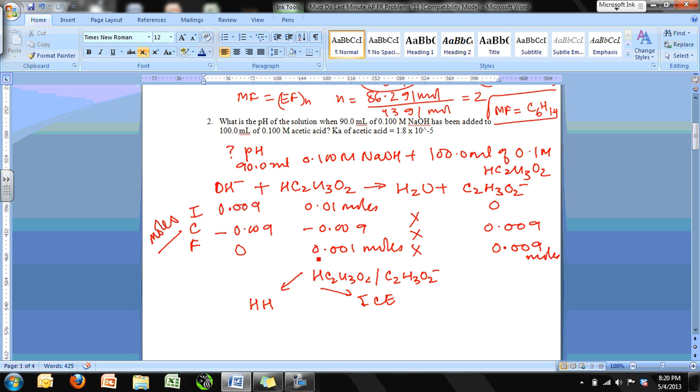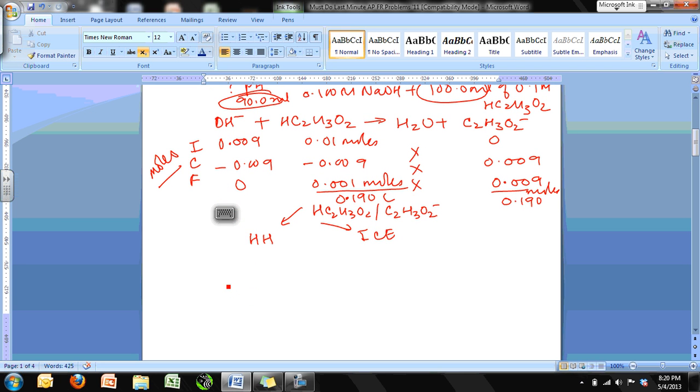But before you can do either, you will divide both the moles by total volume, which will be 90 plus 100, 190 mL or 0.190 liters, because the ICE chart or Henderson-Hasselbalch equation is for molarity. So I like to go the ICE chart way. You can use the Henderson-Hasselbalch equation as well.